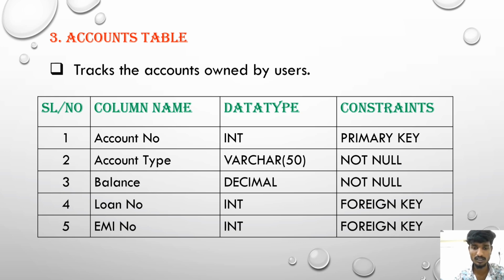The constraint is not null. Balance, it is also present in decimal format, so balance decimal format I use data type as decimal. Loan number will be int. I referred loan number from loan table, so this is the foreign key. EMI number I referred from EMI table, so it will convert it to foreign key.